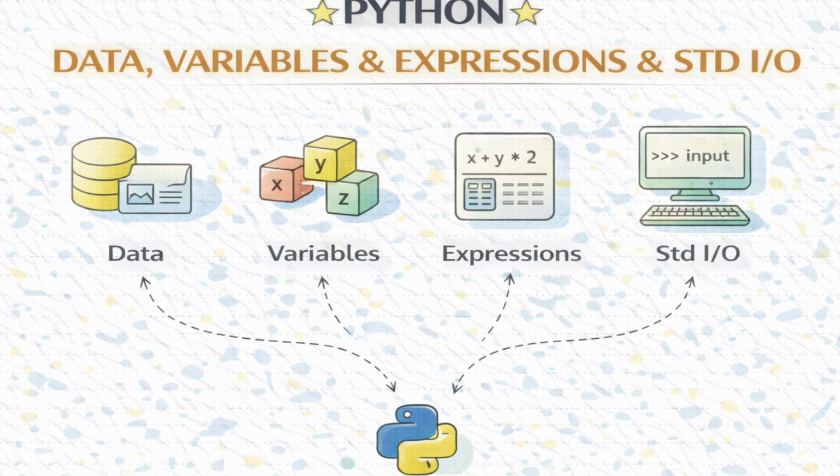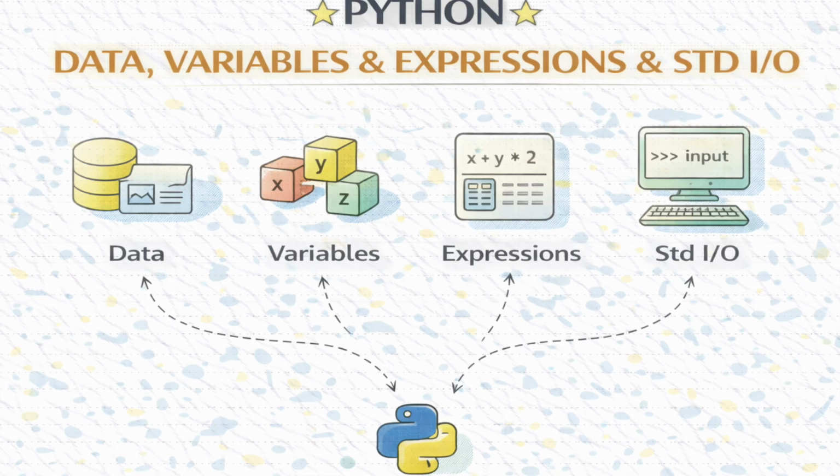Thankfully, Python makes this pretty straightforward with some built-in functions. To convert something to a string, you just use str(value). And to go the other way, from a numeric string to an integer, you use int(value). And if you need that decimal precision, you wrap it in float(value). This casting process is absolutely essential for making user interaction work.